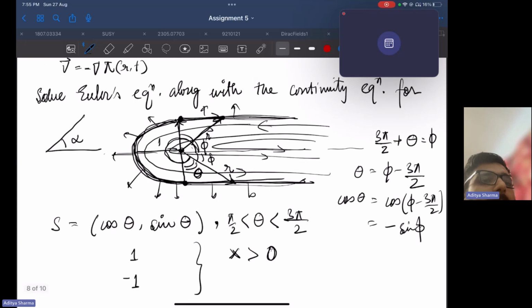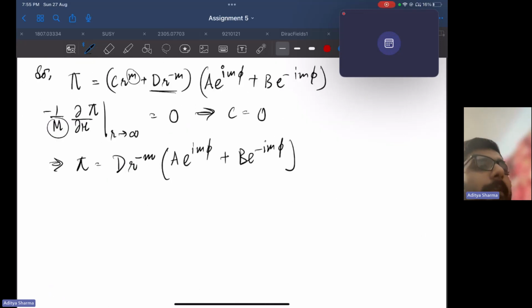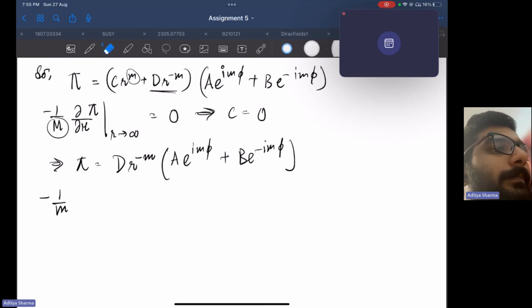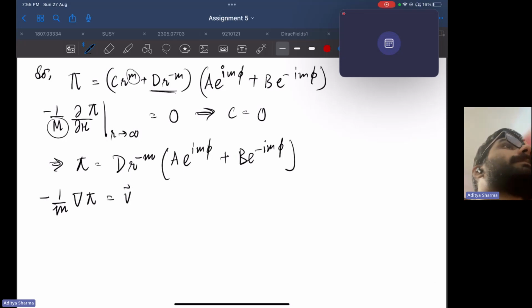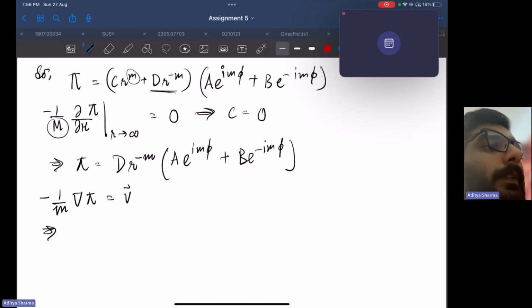So at the surface you just have to find the velocity for that, which is given by minus 1 by m del phi.